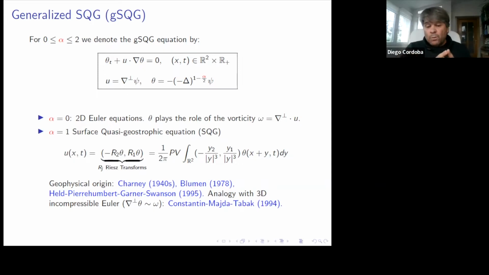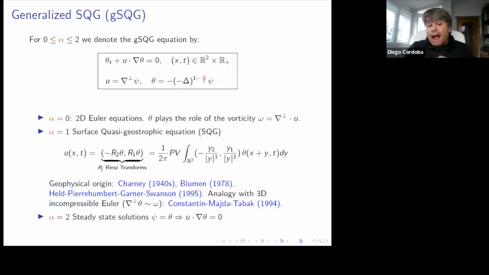And local well-posedness is stated for both in Holder spaces and in Sobolev spaces. And the big open problem is to know if, once you start with initial data in one of these local well-posedness spaces, does the solution remain in the space or does it produce a singularity in finite time? And this is an open problem for both systems.